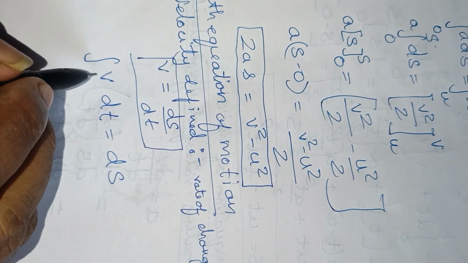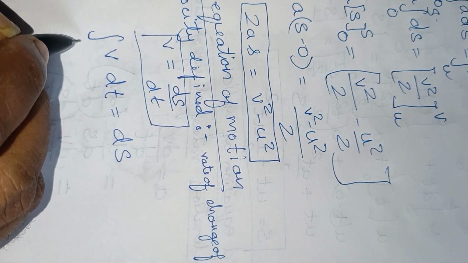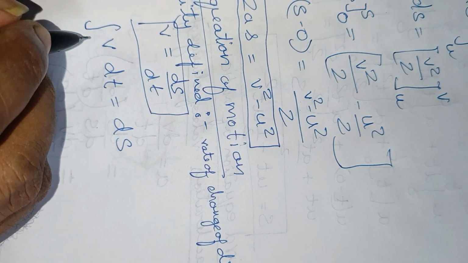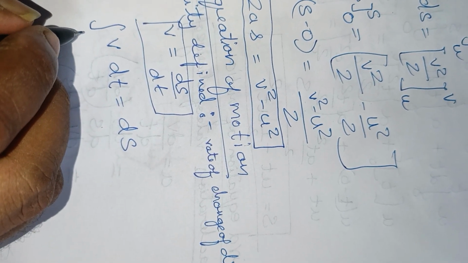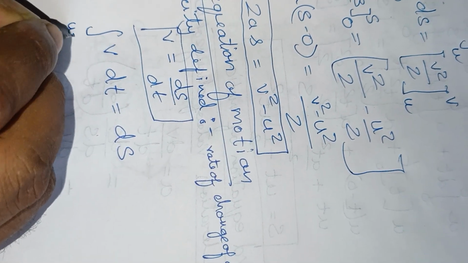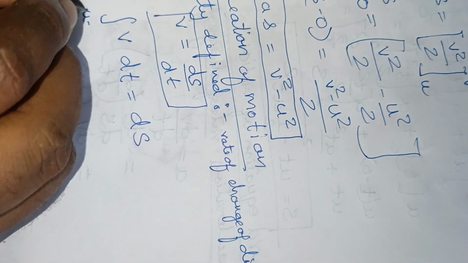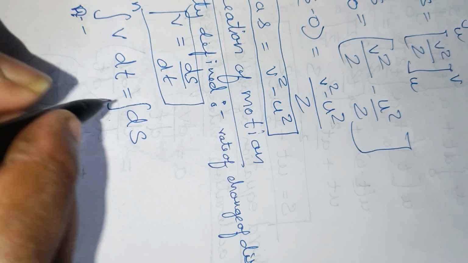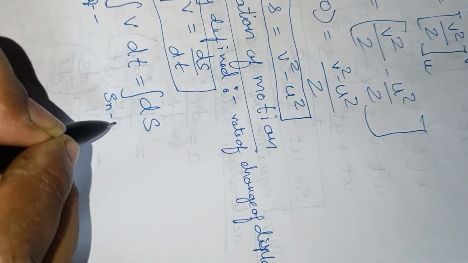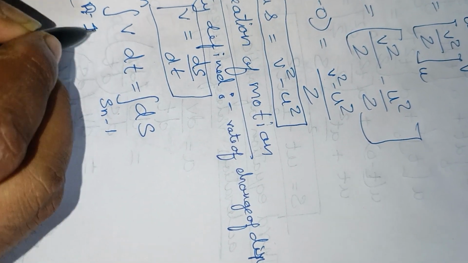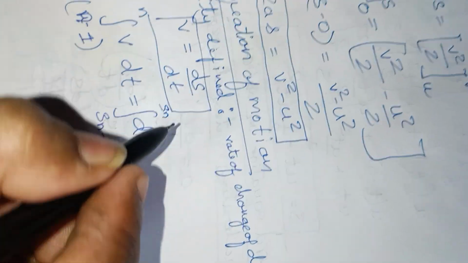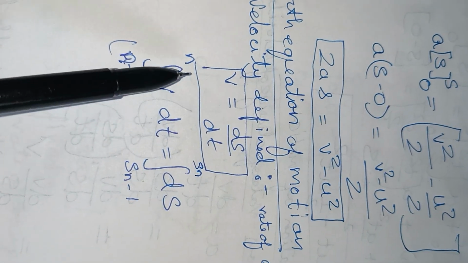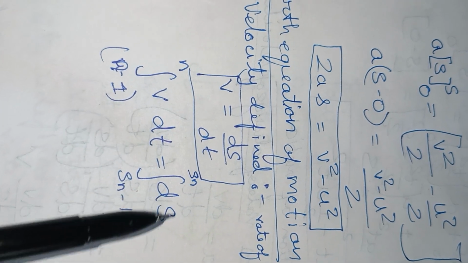For v dt, we integrate the time duration from n minus 1 to n, and for ds, from s n minus 1 to s n. Why is it from n minus 1 to n, and s n minus 1 to s n?